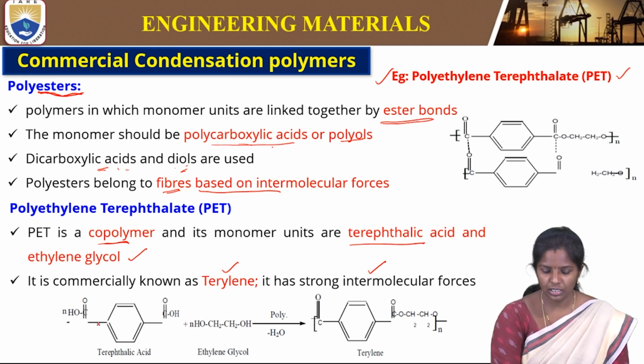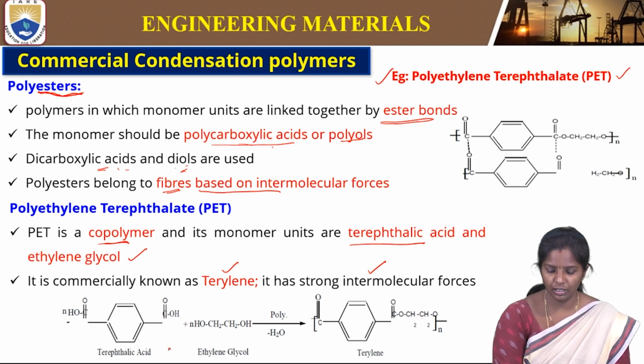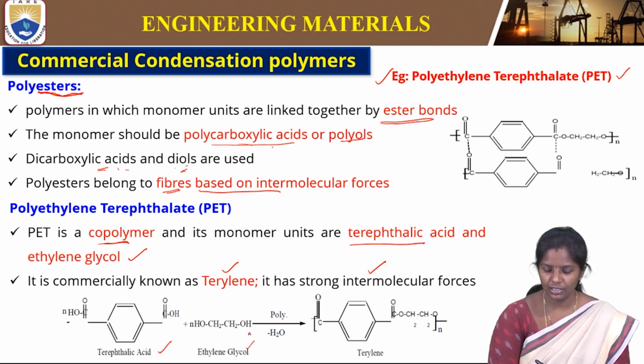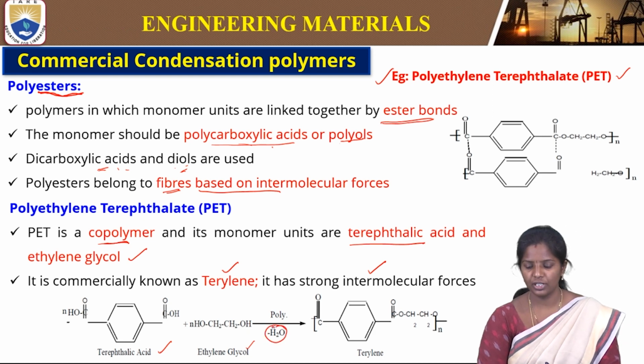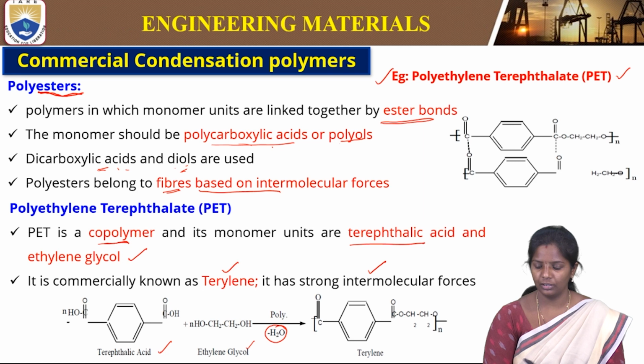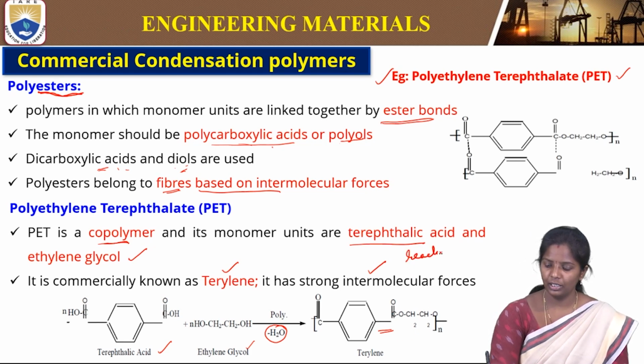So if we see the reaction mechanism, terephthalic acid, then ethylene glycol, there is a removal of a water molecule, and there is a formation of a bond. So that is how it keeps on multiplying, the reaction takes place between two monomeric units.